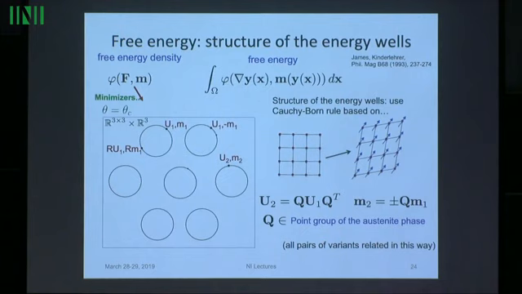And there's always a plus or minus here. So if there's a well with plus M1, there's also a well with minus M1. So you double the number of wells in magnetism. The second thing is this special relation with the point group, and I'll discuss the implications of that.